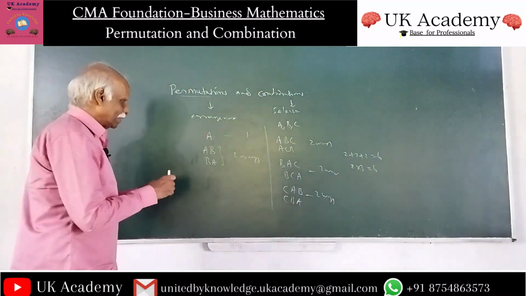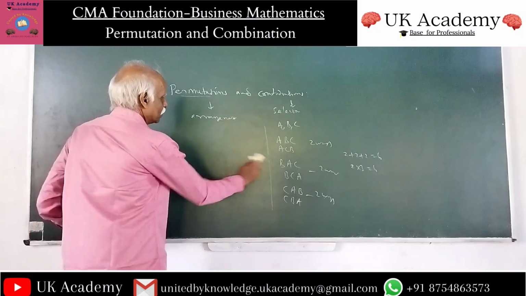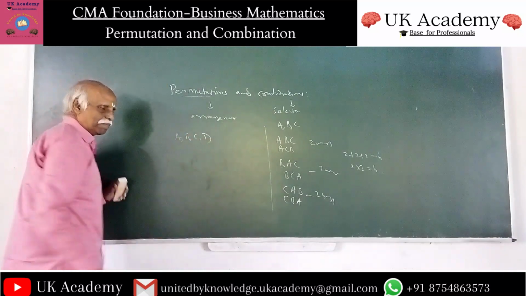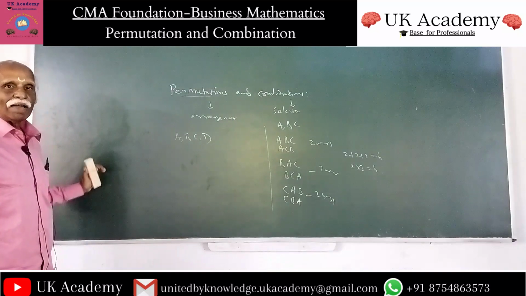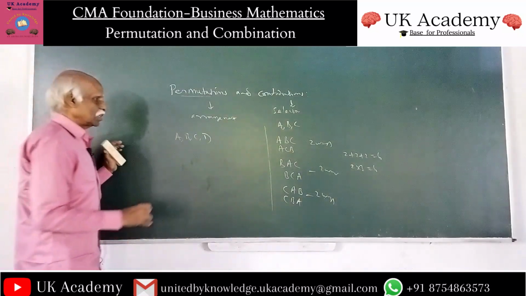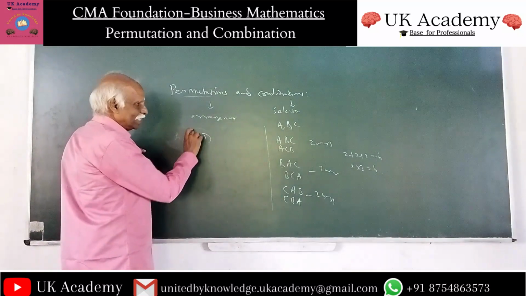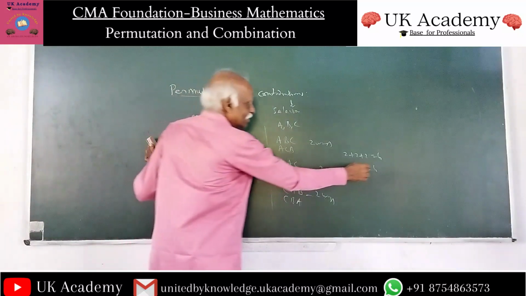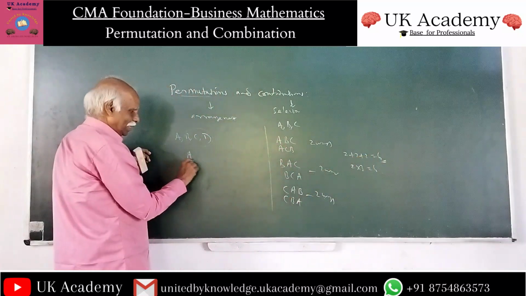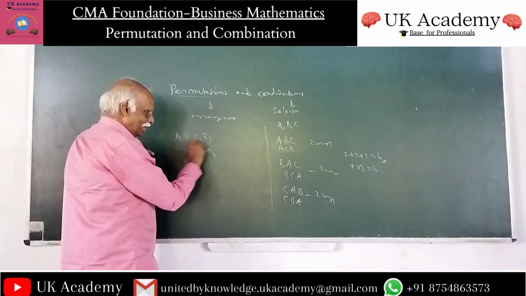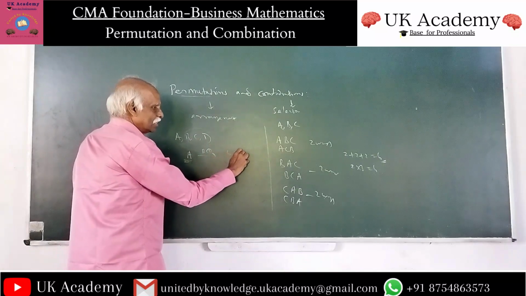Now in a similar way, think about 4 objects A, B, C, D. Now I have 4 different objects. So I keep A in the first place. I have to arrange the 3 objects B, C, D in 6 ways.